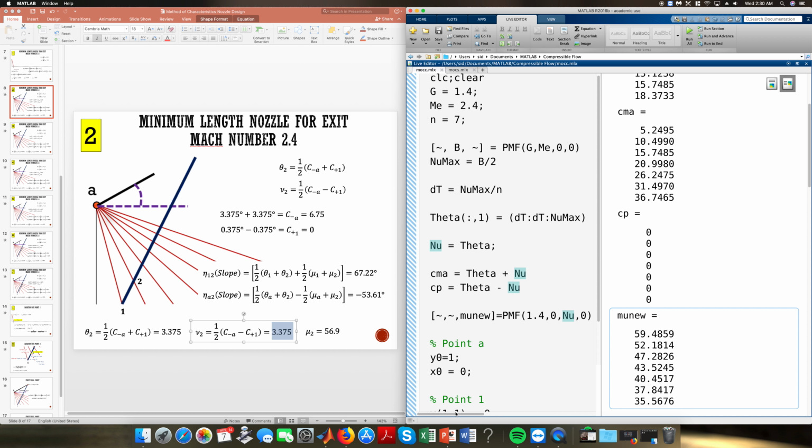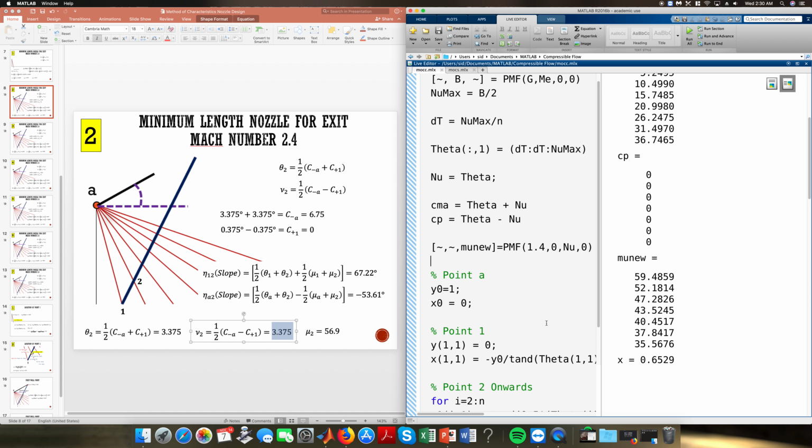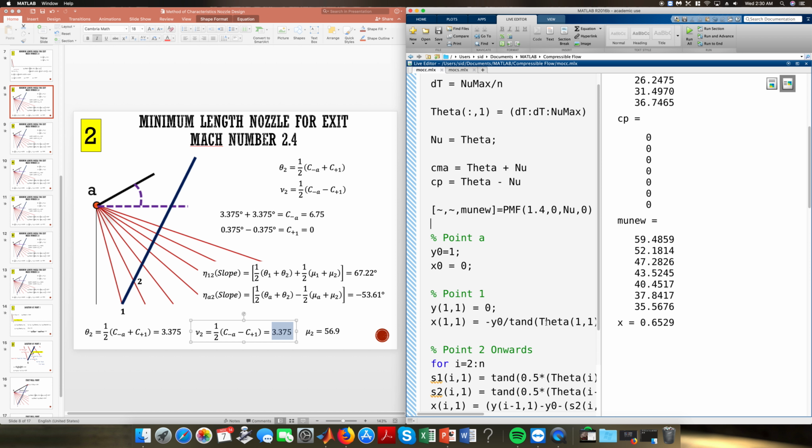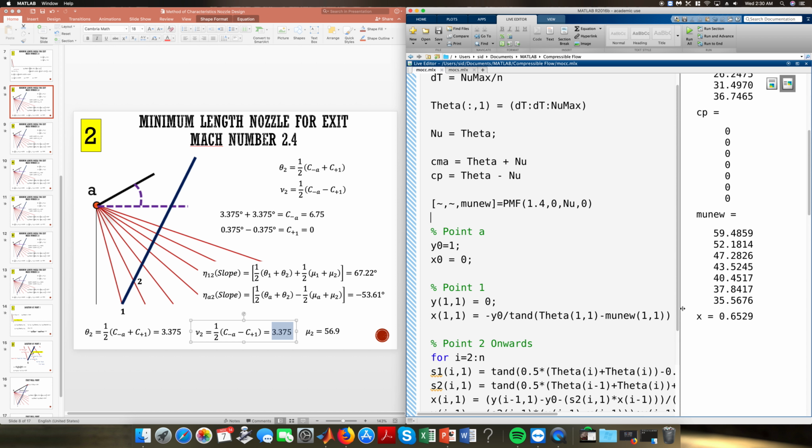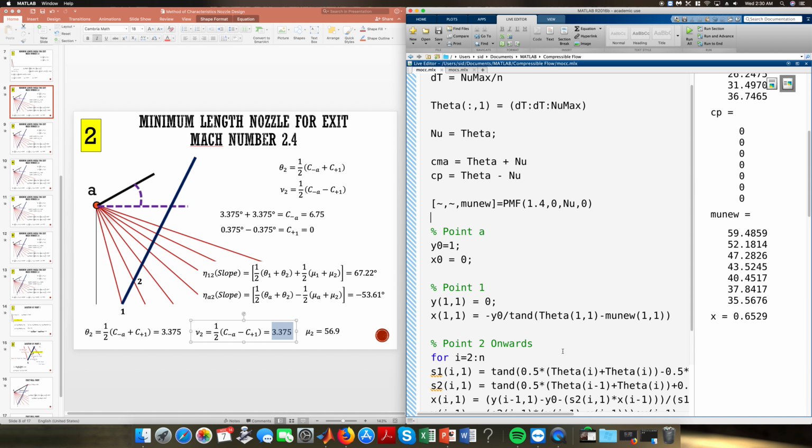Just by using these few lines of code, you found the Mach angles and the theta and nu values in all these 7 locations, which is great, right? Now you can continue the same thing. Remember how we programmed the slope before? Same way you can program for point 1.